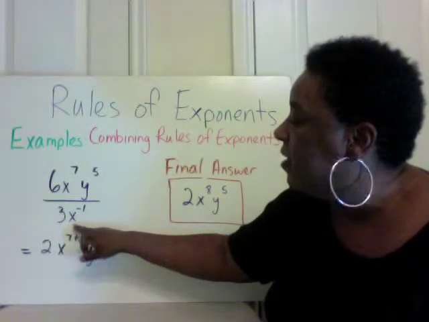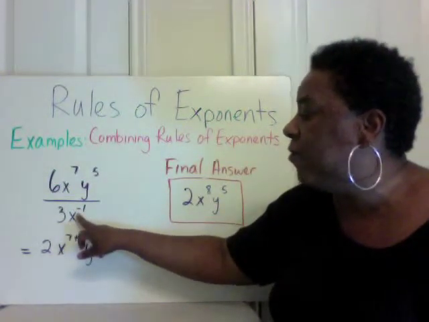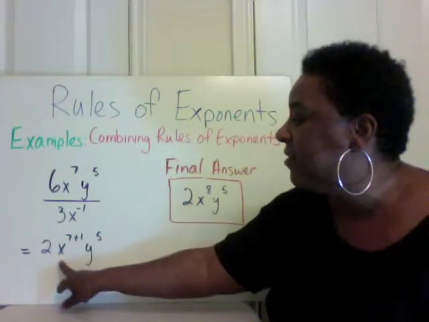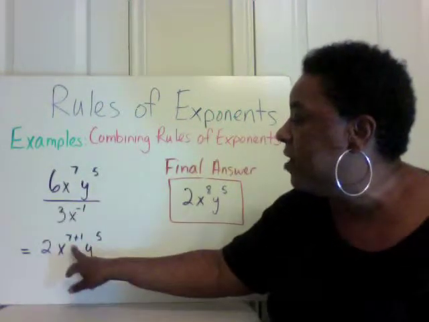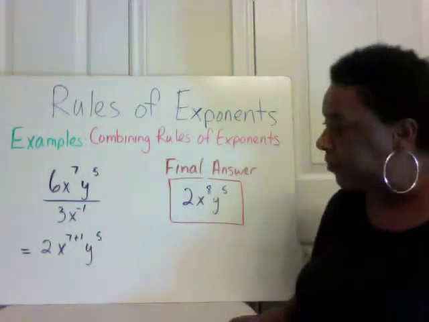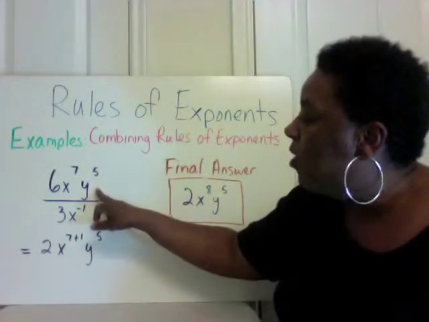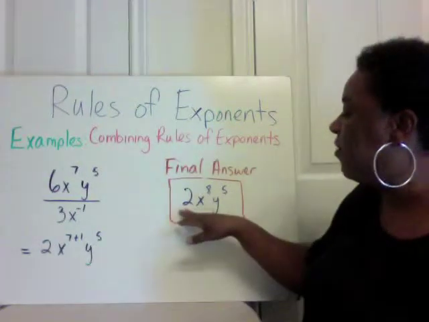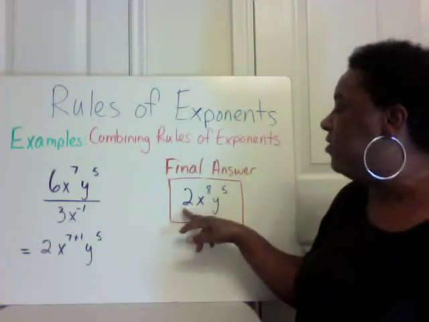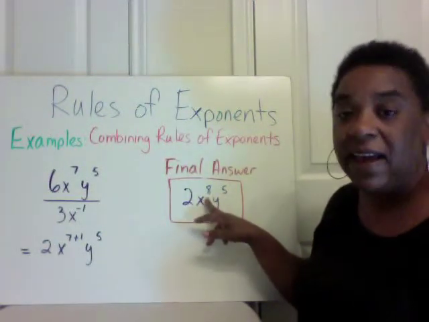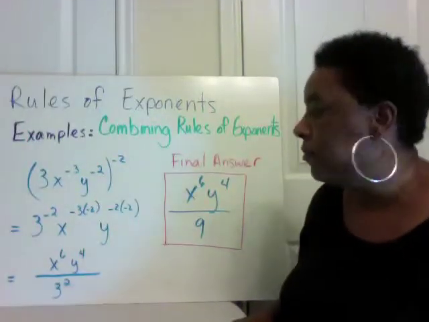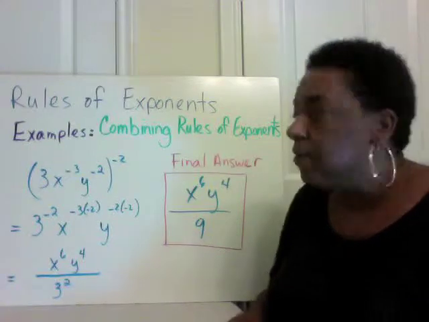We have this x to the power of negative 1, and we can bring that to the numerator, and so we have x to the power of 7 plus 1. And then we have y to the power of 5. And so this further simplifies to 2 times x to the power of 8 times y to the power of 5.